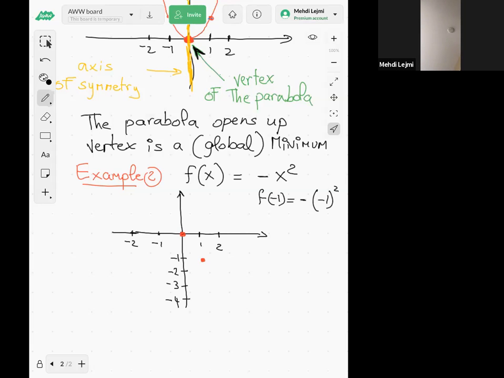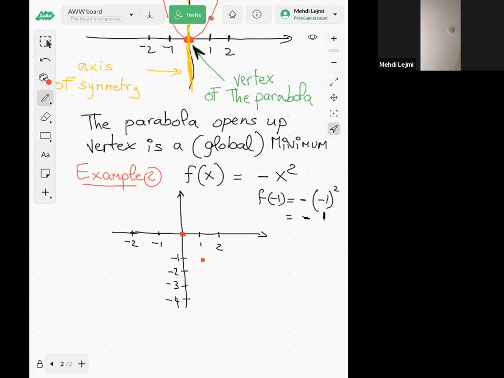That will be the PEMDAS rule, right? You do the parentheses first, and then the exponent. So negative 1 squared is positive 1, and there's a negative here, so it's going to be negative 1. So what I'm saying is that f of negative 1 is going to be negative 1.